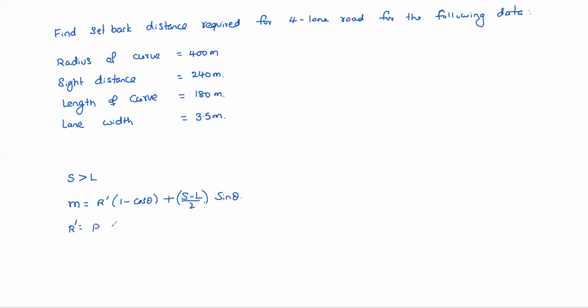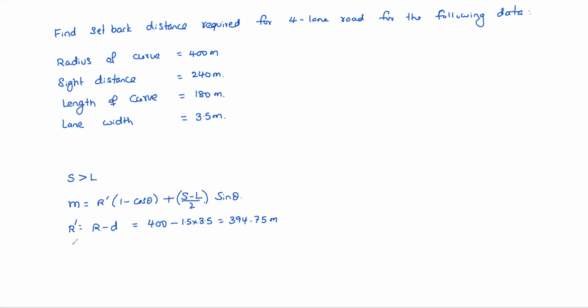R' equal to R minus D, where R is the radius of the curve, 400 meters. D, it is a 4-lane road, so 1.5 times the lane width, right? So 1.5 times lane width 3.5. So that is the D value. 400 minus 1.5 into 3.5. So 394.75 meters is R'.